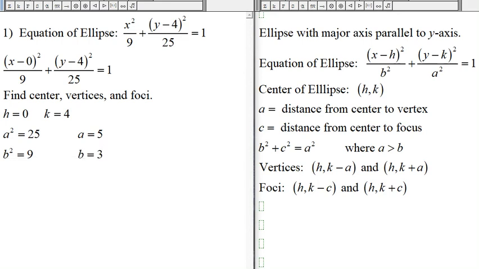And then to calculate c, once more, c is the distance from the center to the focus. To calculate c, we use this relationship right here: b squared plus c squared is equal to a squared. So in this case, we get 9 plus c squared is equal to 25.